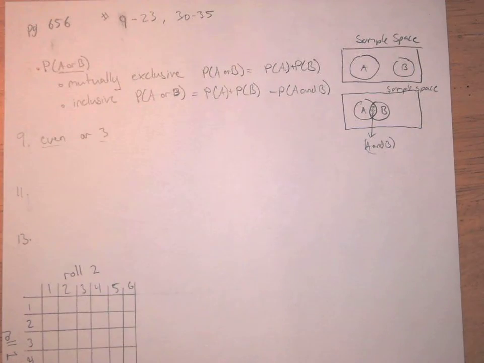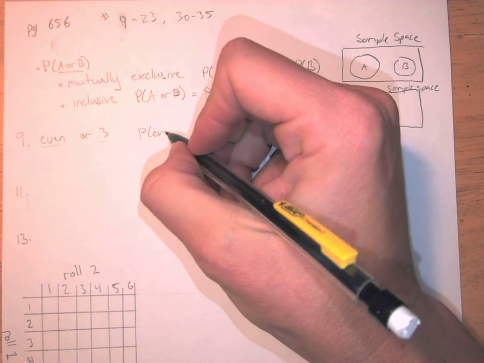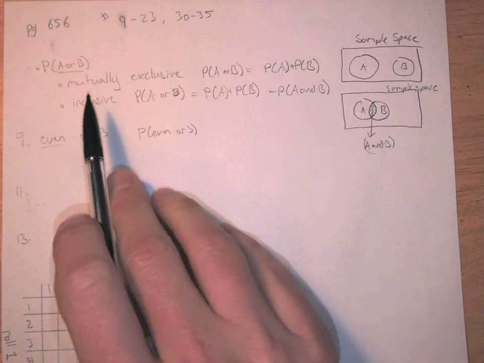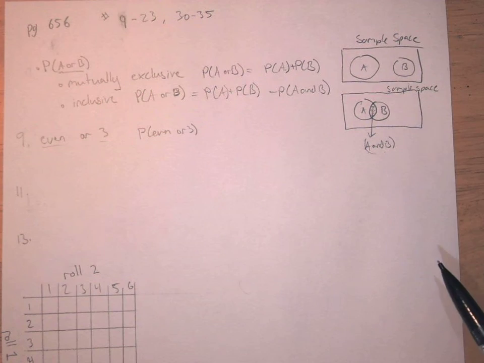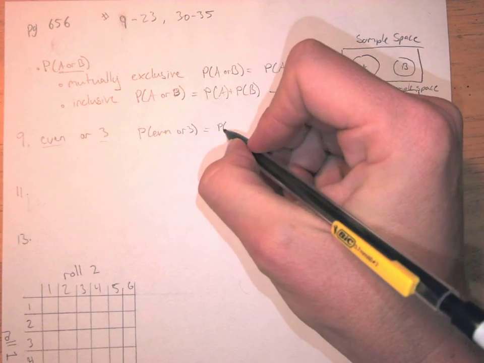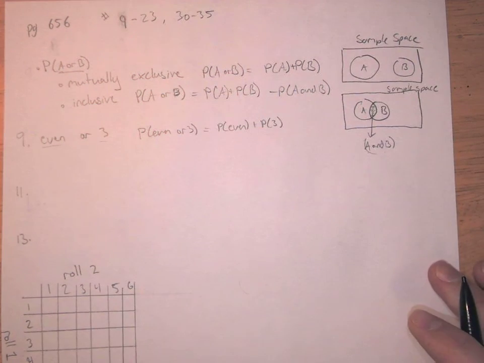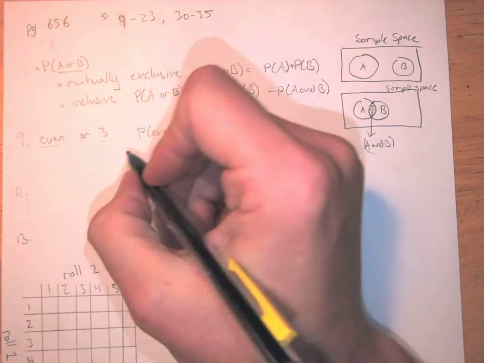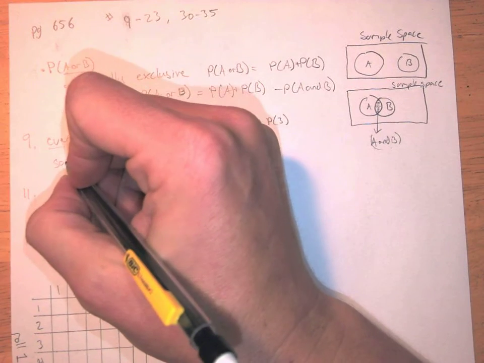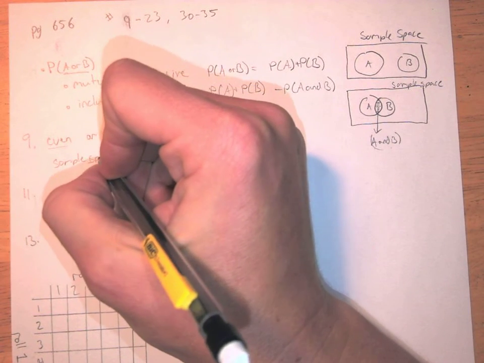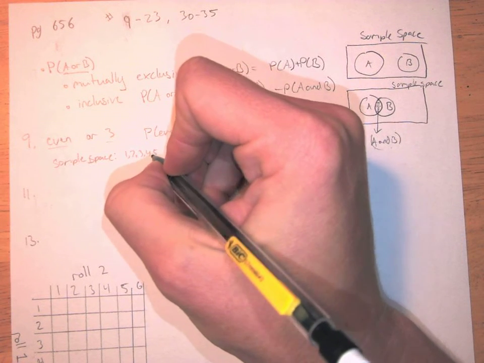So the probability of even or 3, since they're mutually exclusive, is just the probability of even plus the probability of 3. The probability of even: we know that there are 3 even numbers in the sample space. The sample space, just so we're clear, is 1, 2, 3, 4, 5, and 6.